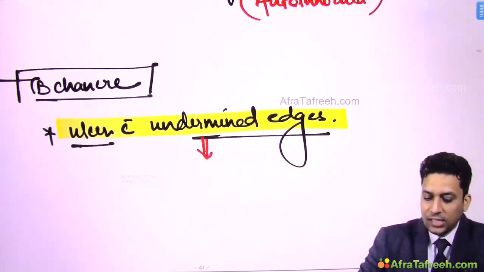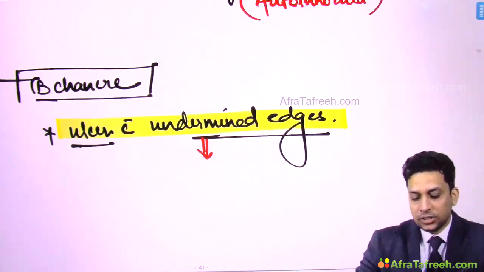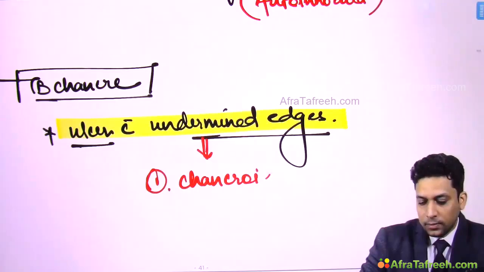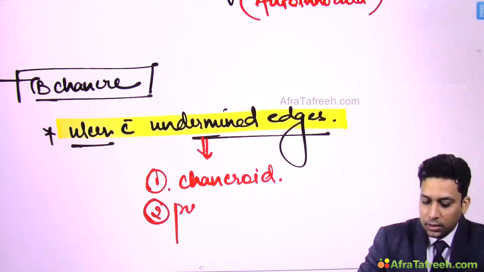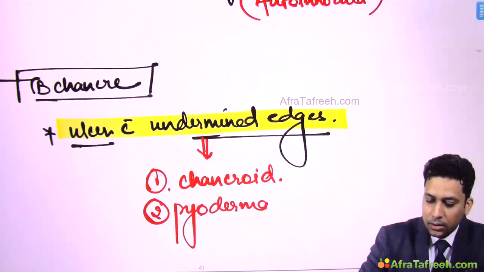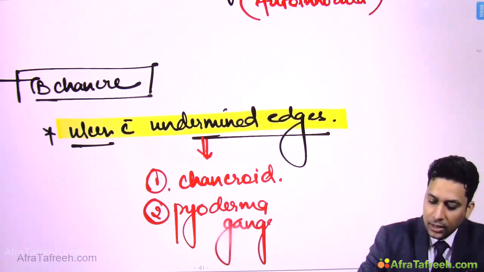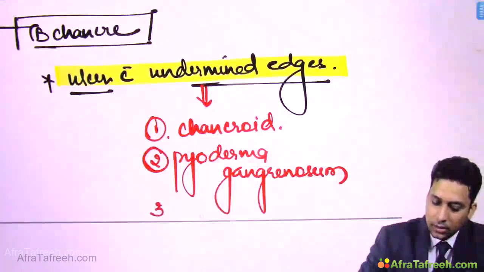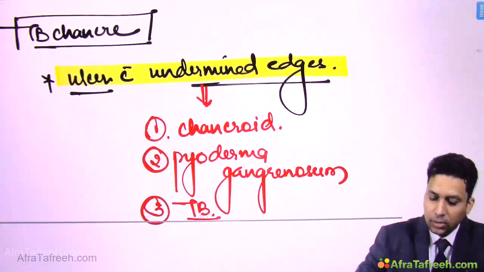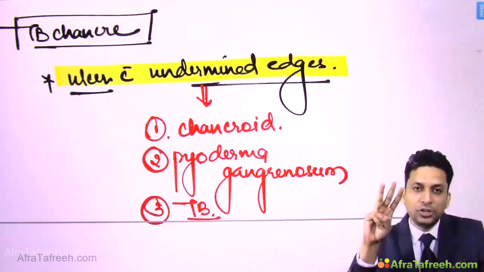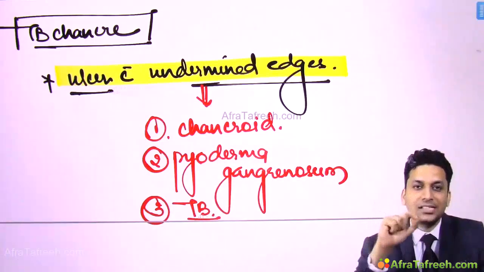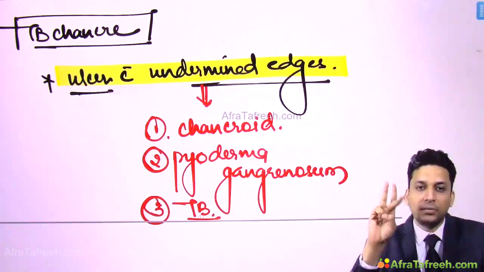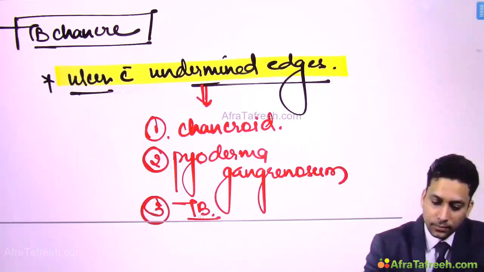Now remember that an ulcer with undermined edges can be seen in so many conditions, like chancroid, pyoderma gangrenosum, and just now I told you it can be seen in tubercular chancre, that is tuberculosis. So whenever an ulcer with undermined edges is mentioned, these three conditions should come to your mind: chancroid, pyoderma gangrenosum and tuberculosis.